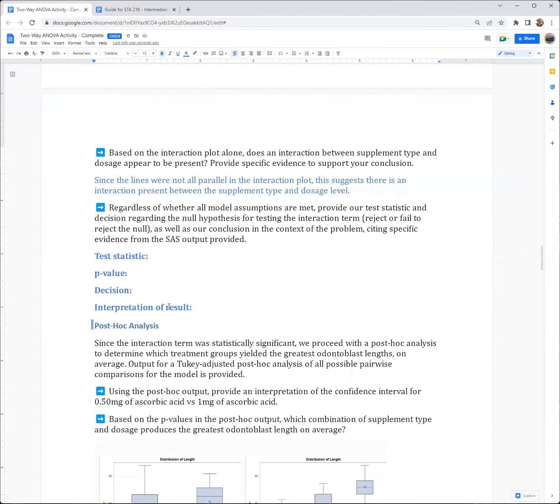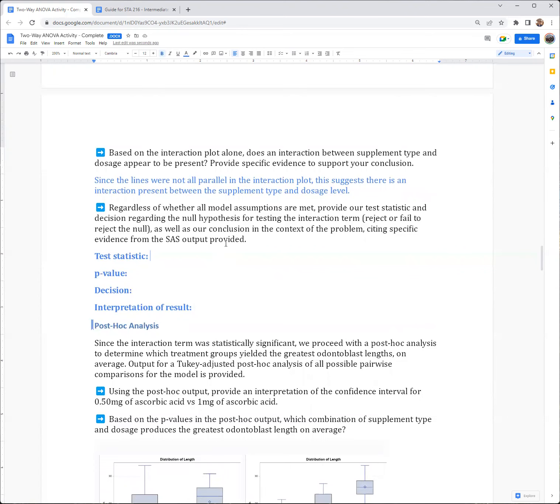If this F-test is statistically significant, that means the interaction is important and we should keep it in our model. If it's not statistically significant, that means we should drop the interaction term from our two-way ANOVA model and refit it with just the main effects of factors A and B.